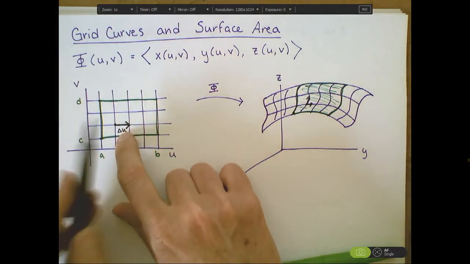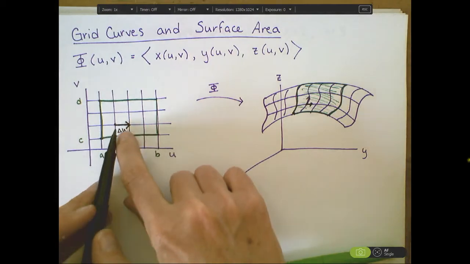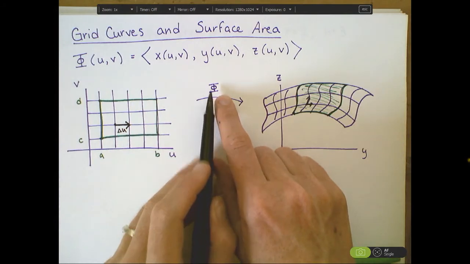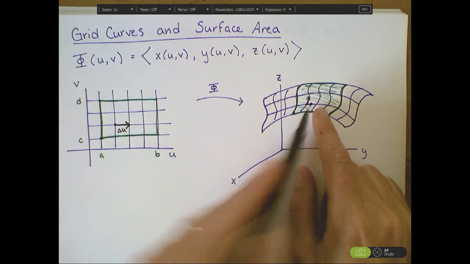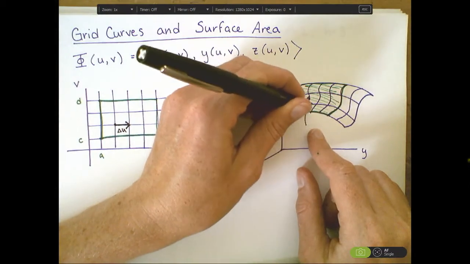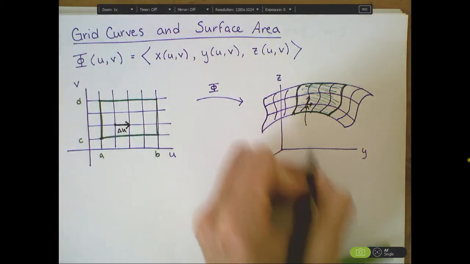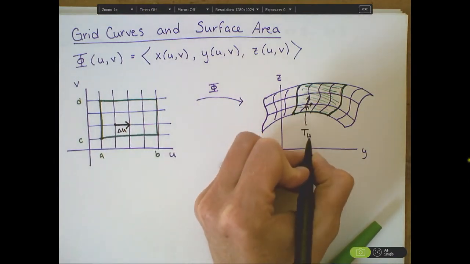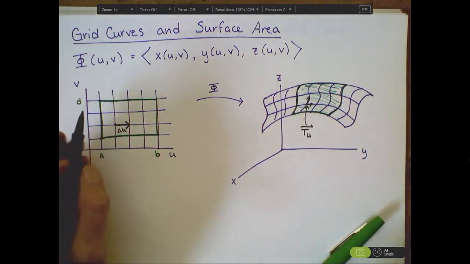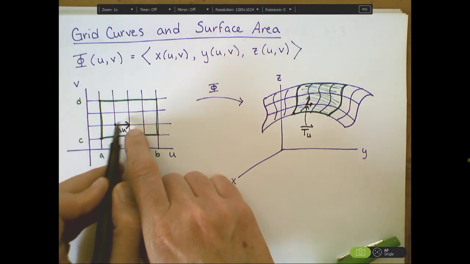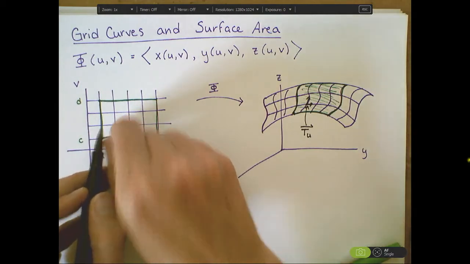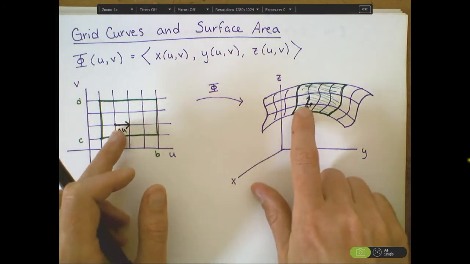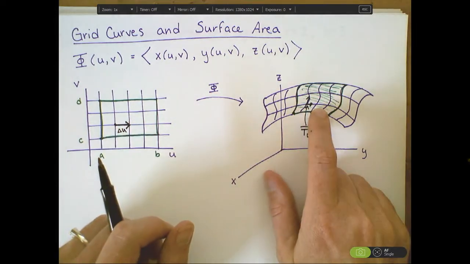When I hold v constant and look at my change in u, and it undergoes this transformation phi to get to wherever this function is over here, I'm going to call that my unit tangent in the u direction, or t sub u. Now this is the vector holding v constant. What happens when I take this vector and apply my phi in order to figure out what the vector is on this parallelogram?